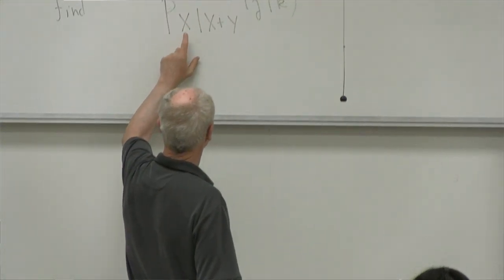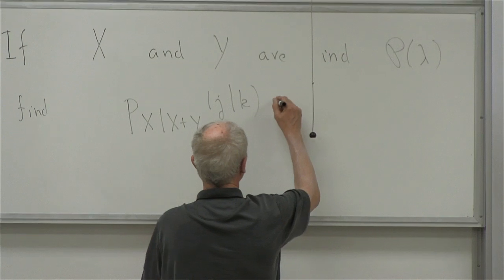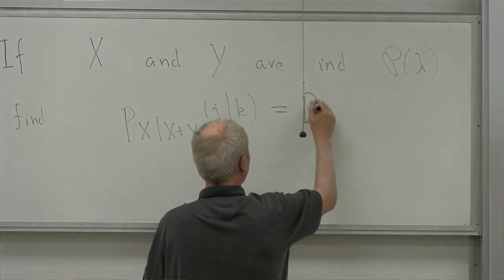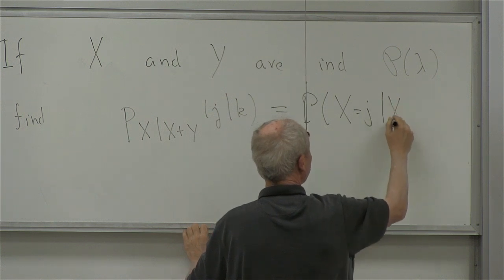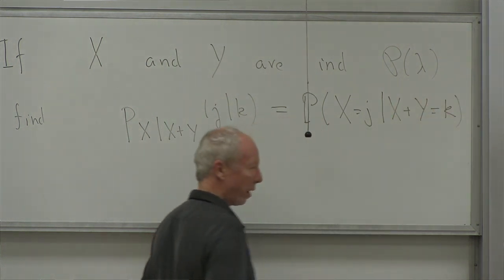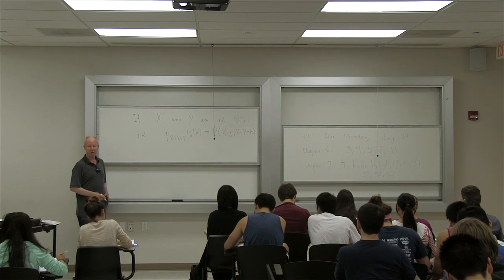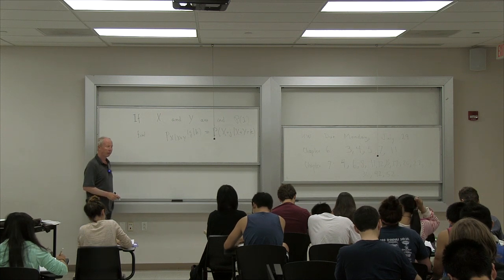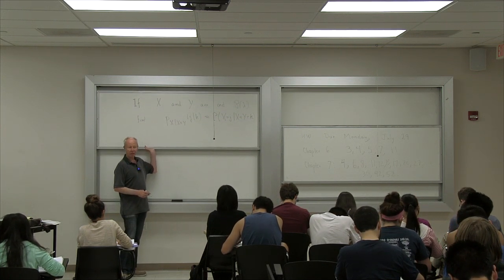So this is then the probability that x is j given x plus y is k, since they're discrete random variables. And how do you proceed from here? What's the definition of conditional probabilities?